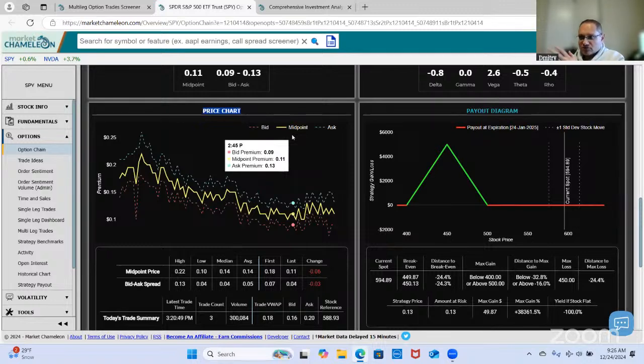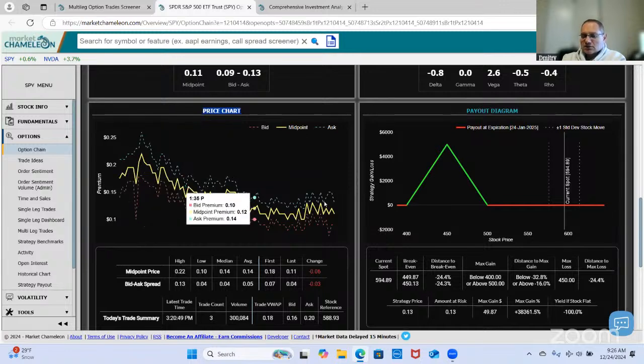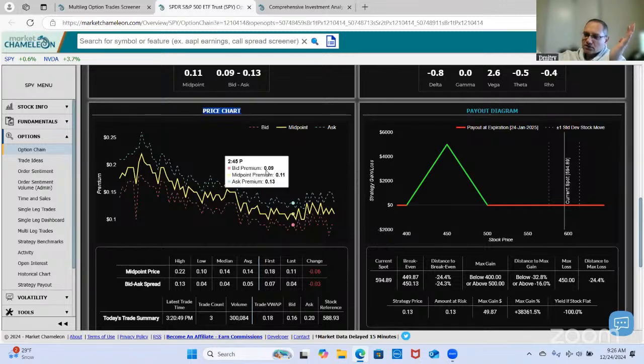So the bids and offers of the options will move around when the stock's moving around, implied volatilities are moving, there's decay. So we could track the value of that spread. So this solid yellow line looks at the midpoint price because we have a bid and offer.